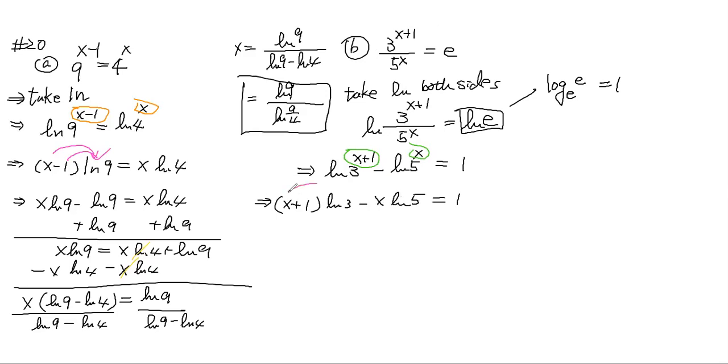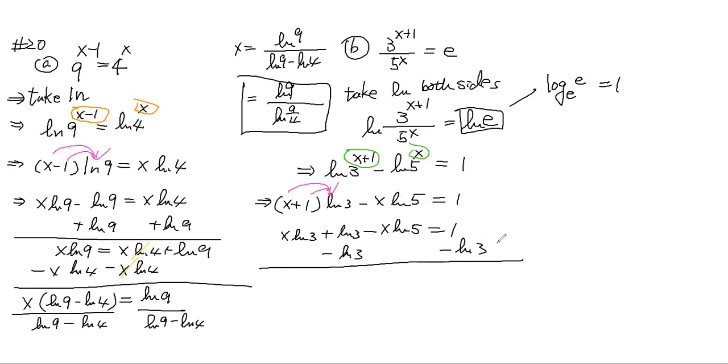Okay, then distributive property, right? So I will have x natural log 3 plus natural log 3 minus x natural log 5 equal to 1. Okay, I can minus natural log 3 and move that to the right-hand side. So this is x natural log 3 minus x natural log 5 equal to 1 minus natural log 3.